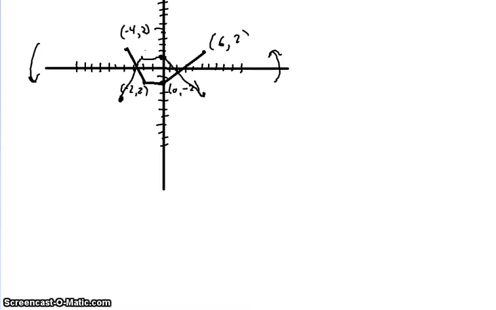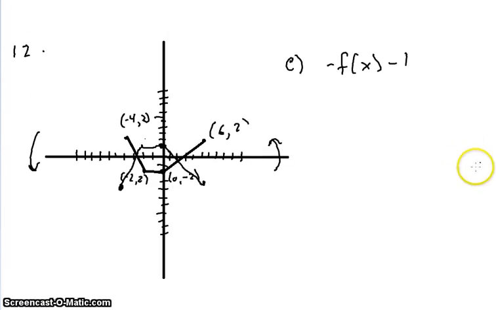Now the last one. It looks like this. What we're doing here is dilating the x-coordinates by 2.